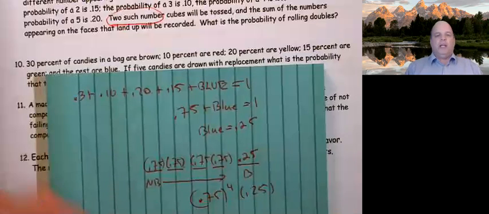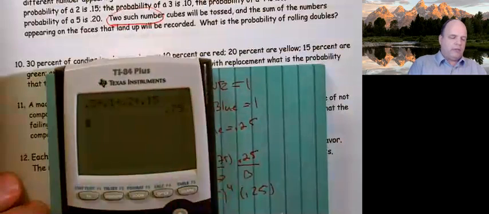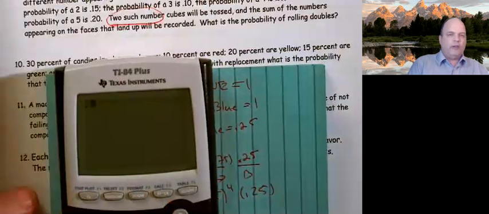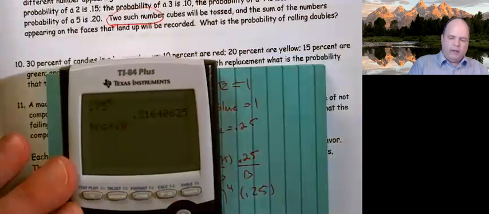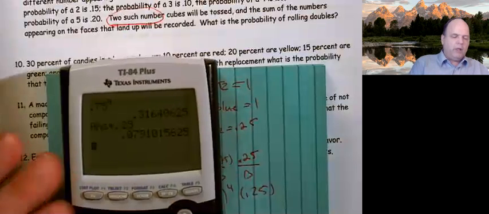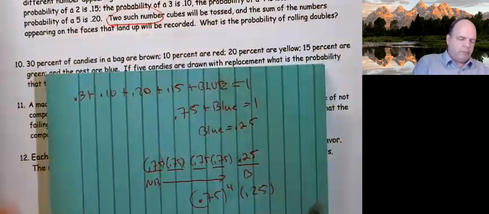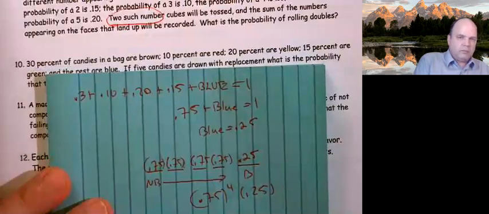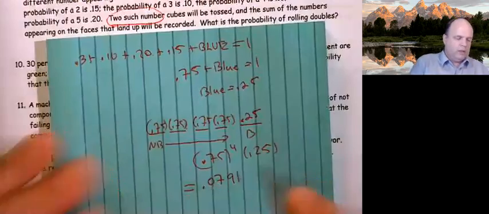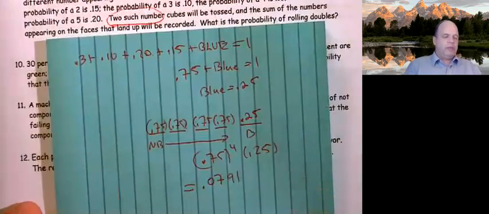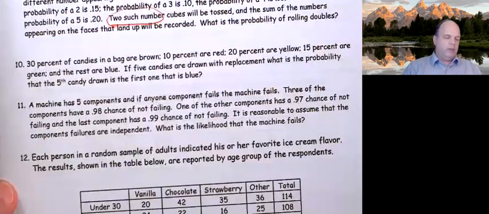I just find that if I use the blank method, I'm less likely to make a mistake. 0.75 raised to the 4th times the 0.25, and I end up getting 0.0791. Okay, so that's the answer to number 10. Number 10 is 0.0791.